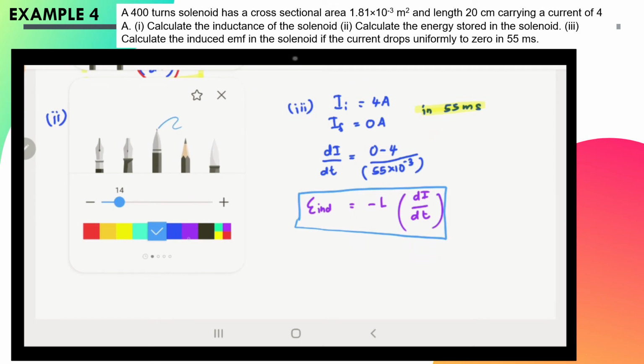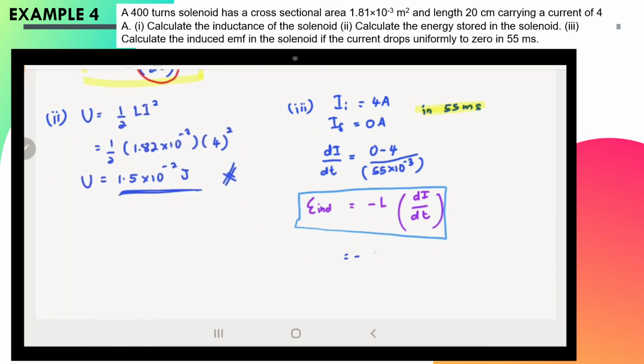L, we got just now, is 1.82 exponent negative 3, and dI over dt is 0 minus 4 over 55 millisecond. Therefore the induced EMF is equal to 0.13 volt. Alright, so that finishes example number 4.